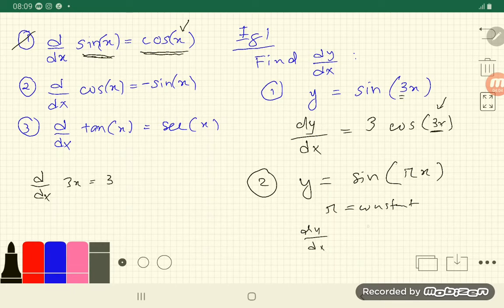Again, if you differentiate sine based on the formula, the answer will be cos, so it will be cos pi x. But here you need to again differentiate the value of pi x, so you are supposed to get pi in front of it. So this is the first basic technique that you need to know.